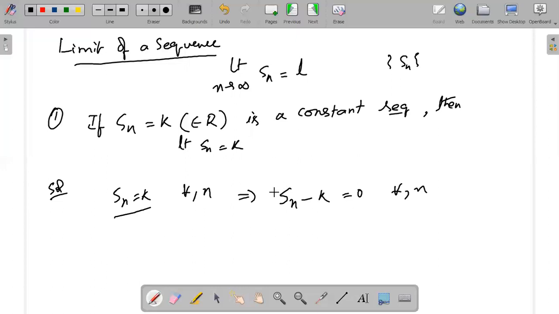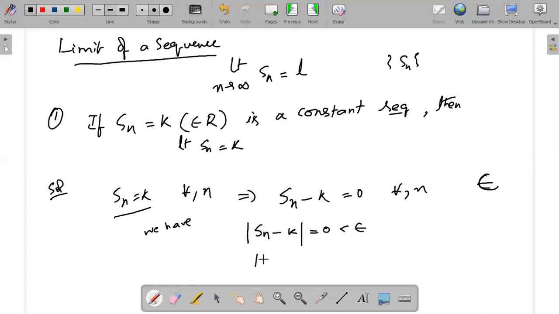Now, if the limit exists, there exists an epsilon. Epsilon is the least value, so we denote it like this. We have mod of Sn minus k is equal to 0 and it is less than epsilon.